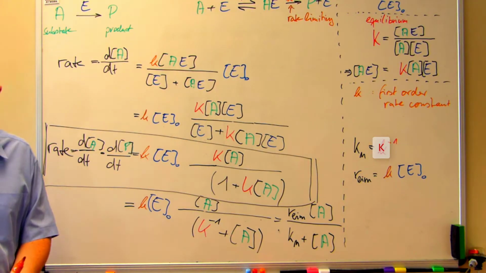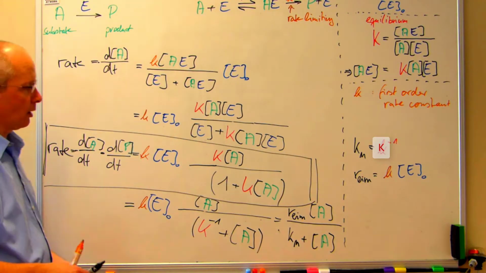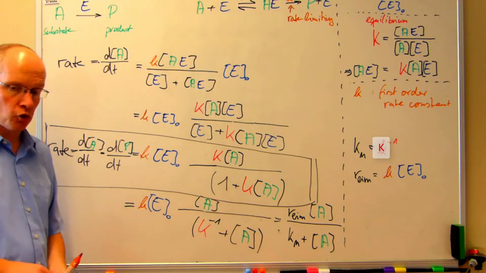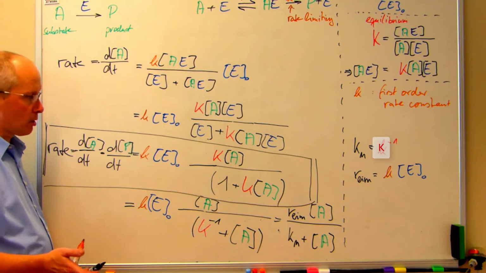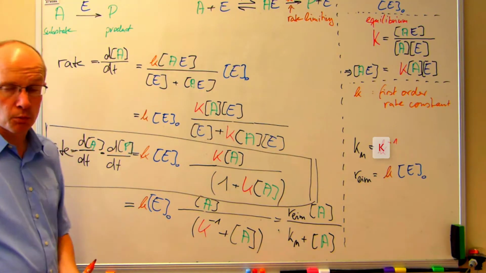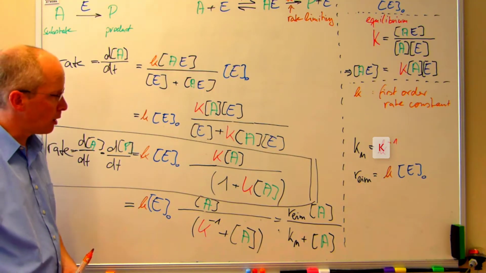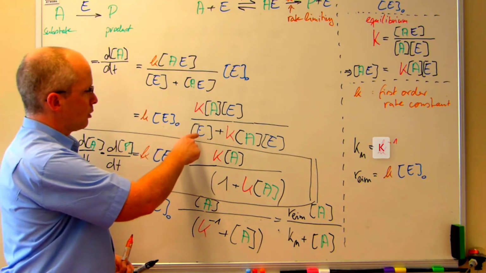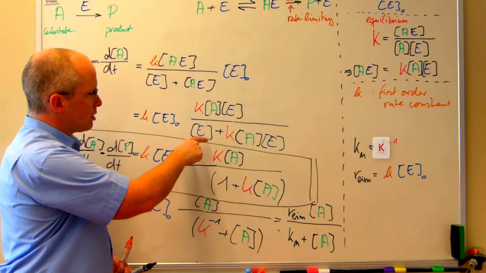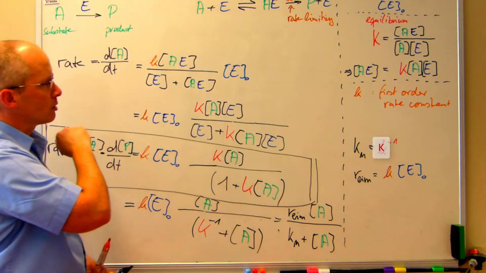And I find this a rather convincing shortcut approach to all these kind of rate equations. And they will all look the same. And there's some examples in the lecture as well. But you will find that this cancelling out of E can be done for all these kind of equations.